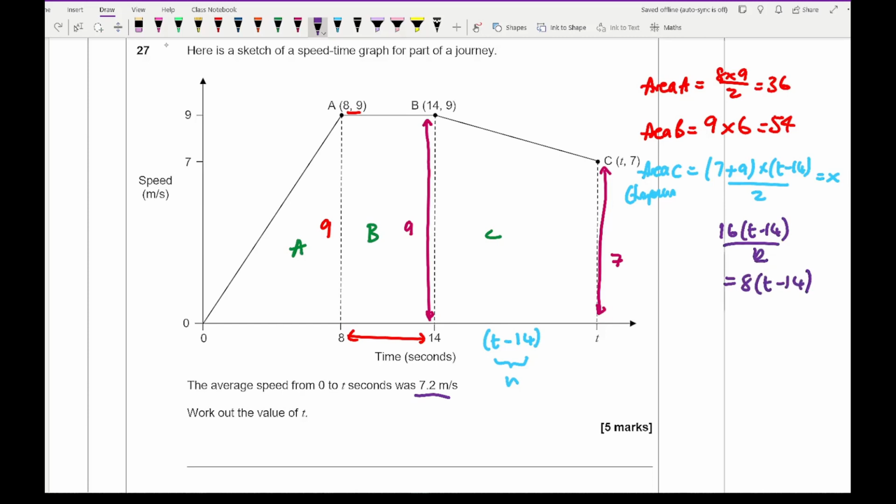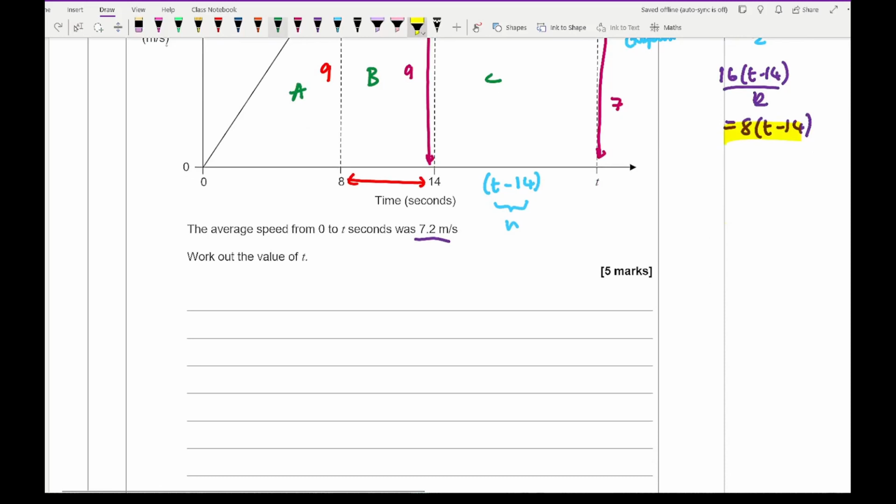So if I collate all of these things together, I get 36 plus 54 plus 8 lots of T minus 14 equals, in terms of the distance, which is what I'm working out. So this is the total distance.